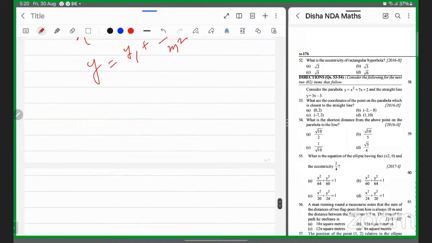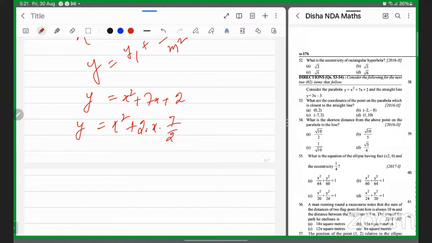Again, I will calculate y equal to x square plus 7x plus 2, 2 times x, 7 by 2.